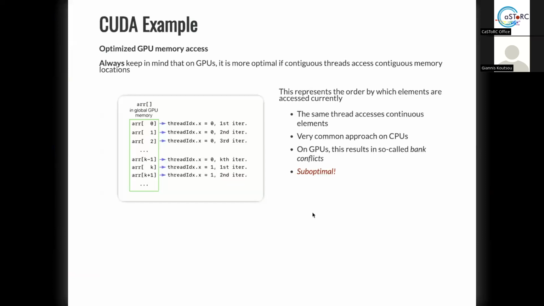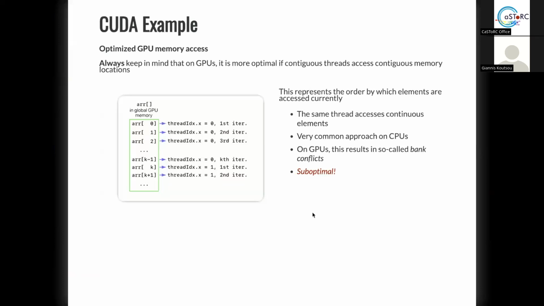This is what we're doing currently. So thread 0 is taking the first element of the array, the second element, the third element, up to the LT minus 1 element of the array, right? So the first thread is taking the first chunk of the array. The second thread is taking the second chunk of it.